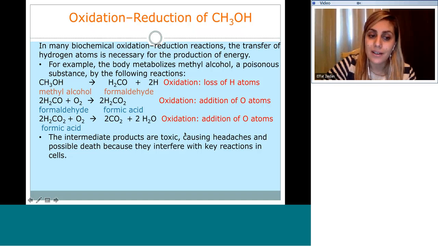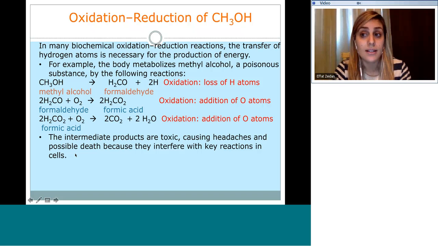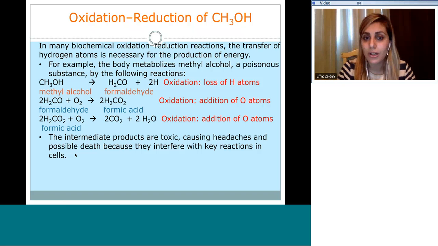This is very similar to a combustion reaction, right? It looks like a combustion reaction, and in this case, it's an oxidation because it involves an addition of oxygen atoms. The intermediate products are toxic, causing headaches and possible death because they interfere with key reactions, and methanol is a poisonous substance for the body.